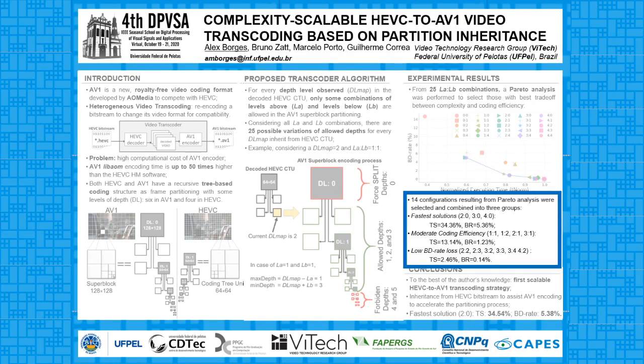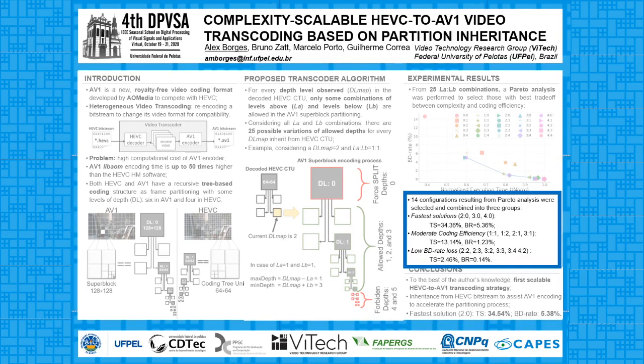The first group is more aggressive, making it possible to speed up the execution time of AV1 by up to 34%, with a loss of coding efficiency of around 5%. The second group, with more moderate results, ensures that the coding efficiency is not impaired far beyond 1%, and speeds up the AV1 coding time by 13%.